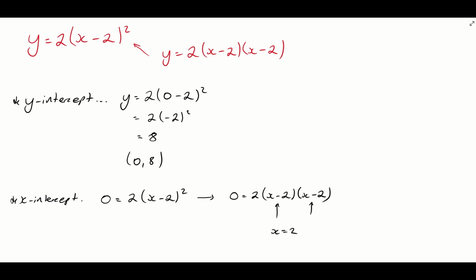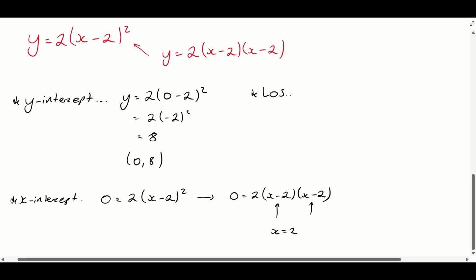That means my line of symmetry has to lie on my root. I can't go halfway between two roots because I've only got one root. So my line of symmetry is also at x equals 2, which means my turning point happens when I put x equals 2 into my equation.